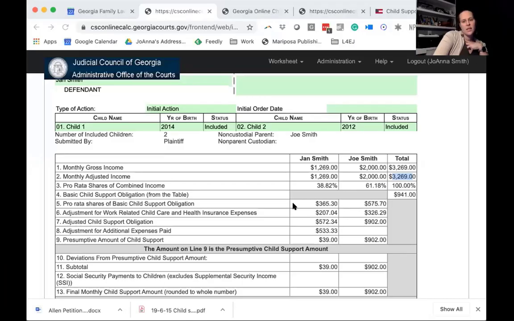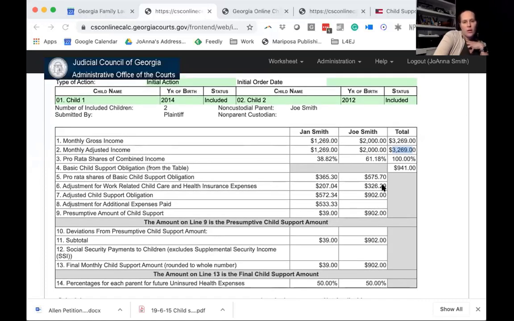And so if I go back now to this, the presumptive, okay, so maybe it's different for some reason, they may have gone up to the next one, but this is the pro rata, or this is what the total worksheet should be, okay? Or the total presumptive amount should be.